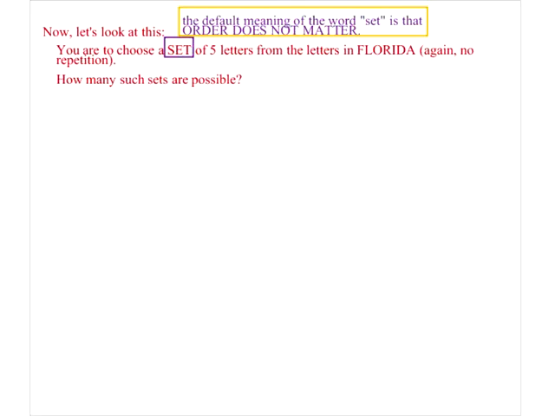So as an example, F, L, R, I, A and L, F, R, A, I are the same set. Okay, so here's a quick thought experiment. I'm going to go ahead and type it in the text box.